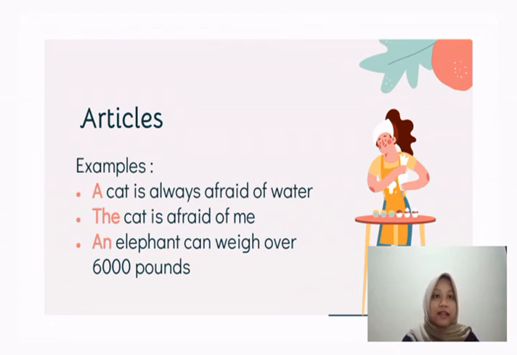The article here is the same, the first word in the sentence is the. And the last one is, an elephant can weigh over 6,000 pounds. The article here is the word an.